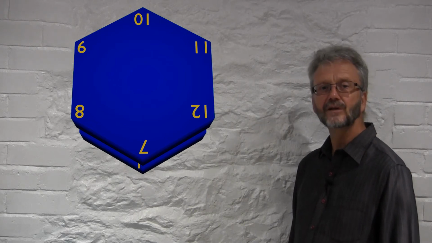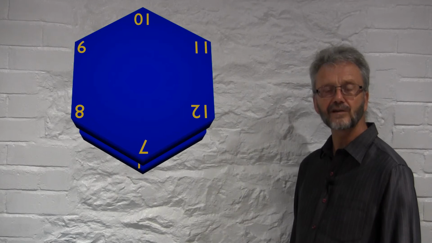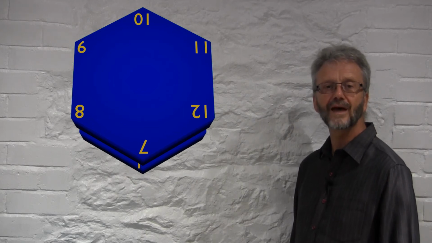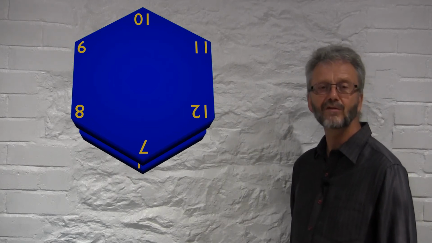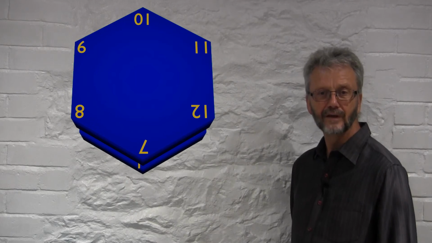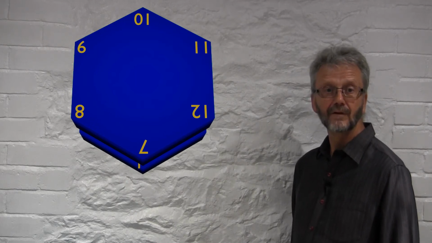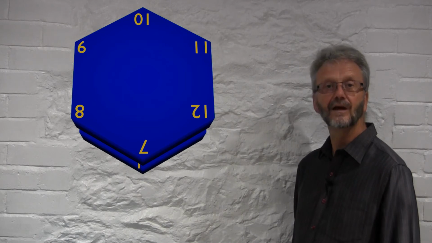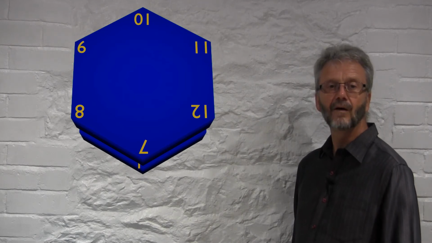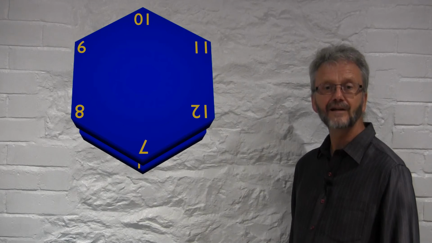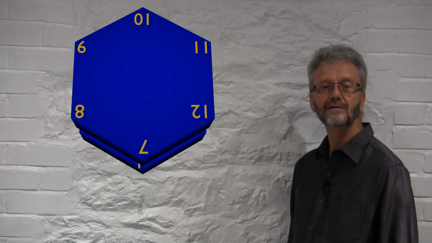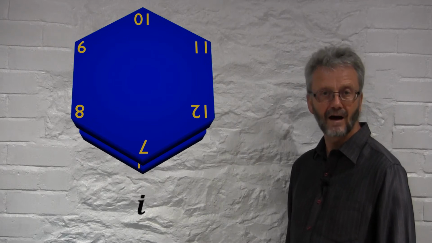In this case, you can see that each vertex of the hexagons has been swapped with their opposite number when viewed through the centre of the molecule. So vertex 1, which was on the top hexagon and at 12 o'clock, is now on the bottom hexagon and at 6 o'clock. The symbol for this element is a lowercase I.